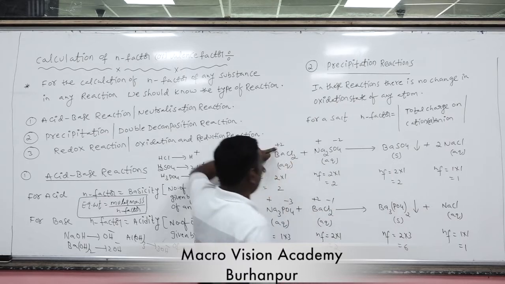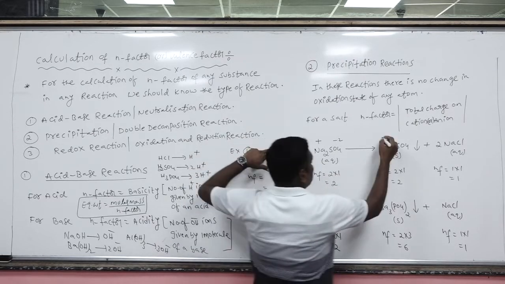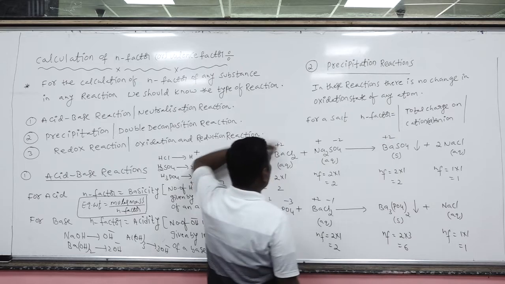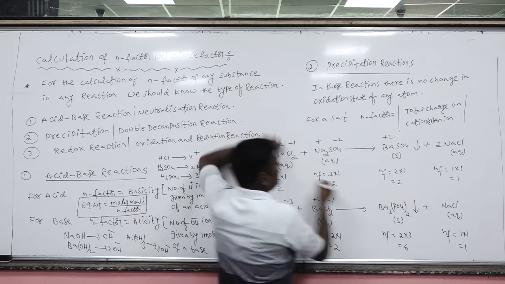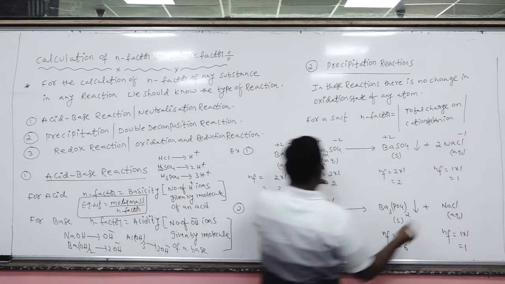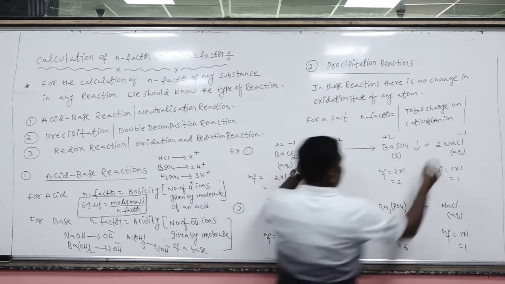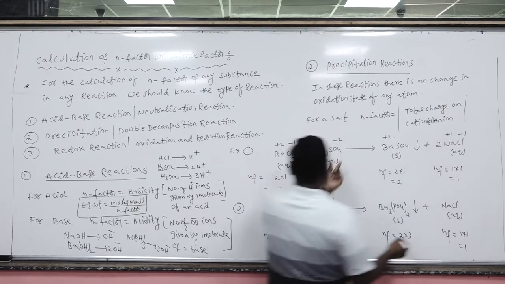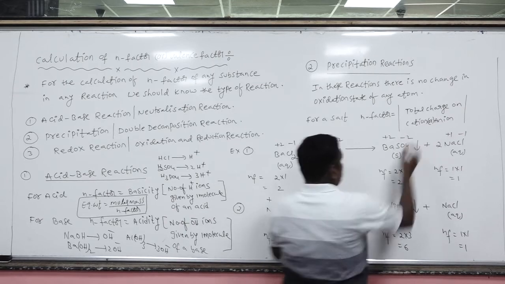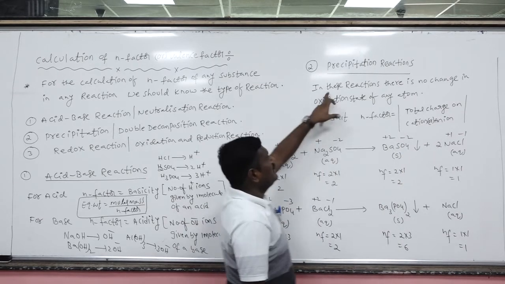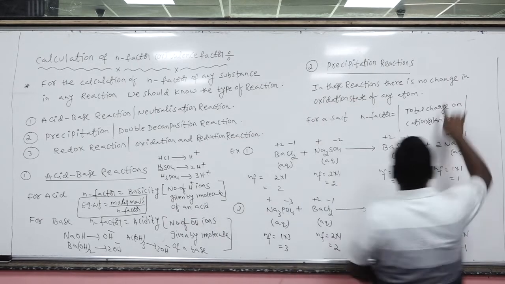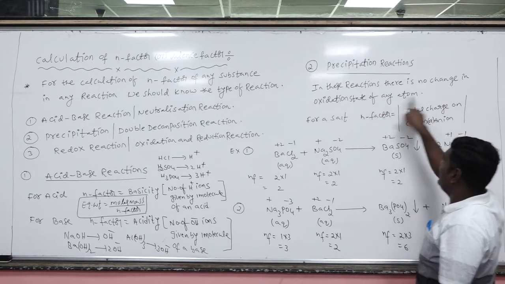On the left side, barium is +2, right side also barium is +2. Chloride ion oxidation number -1, here also -1. Sodium, an alkali metal, is +1, so here also +1. Sulfate ion is -2, here also -2. So in these precipitation reactions, there is no change in the oxidation state of any species.